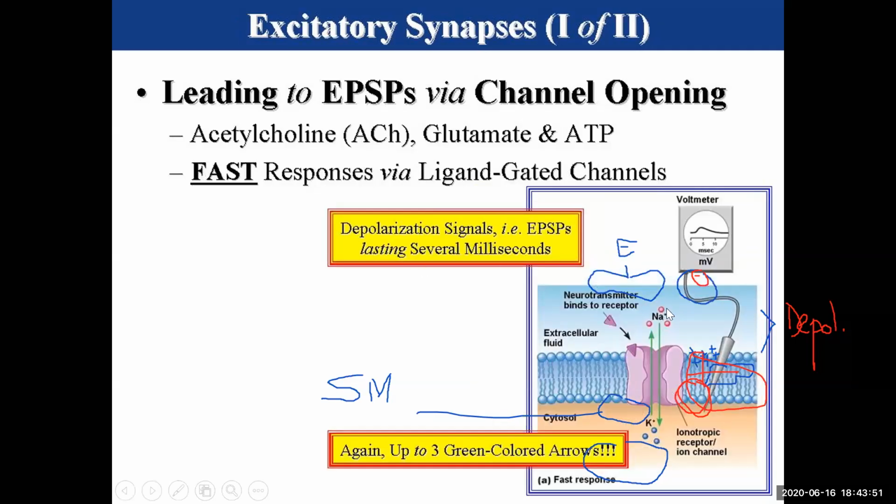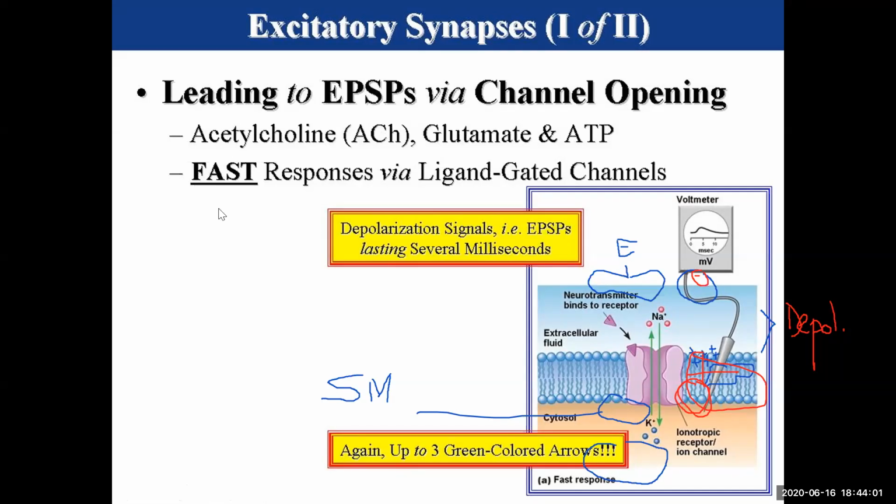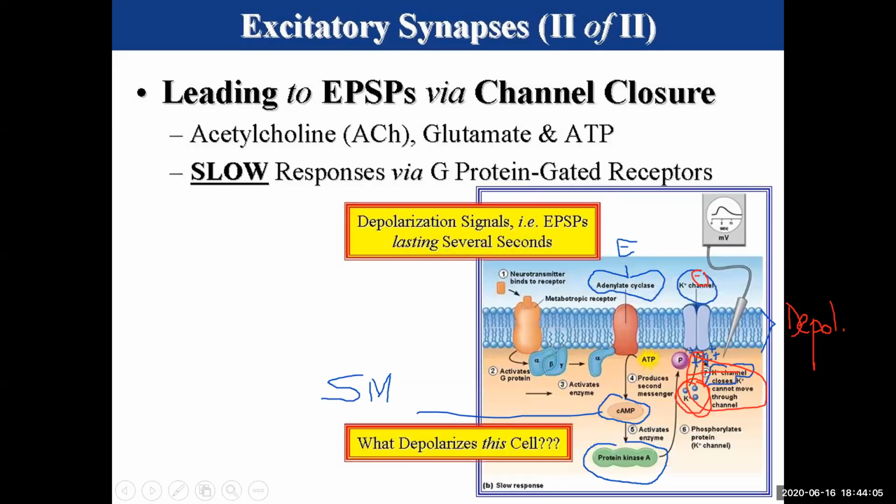This one is by depolarizing the cell through net positive charge influx, whereas this one generates depolarization by preventing positive charge efflux through potassium.